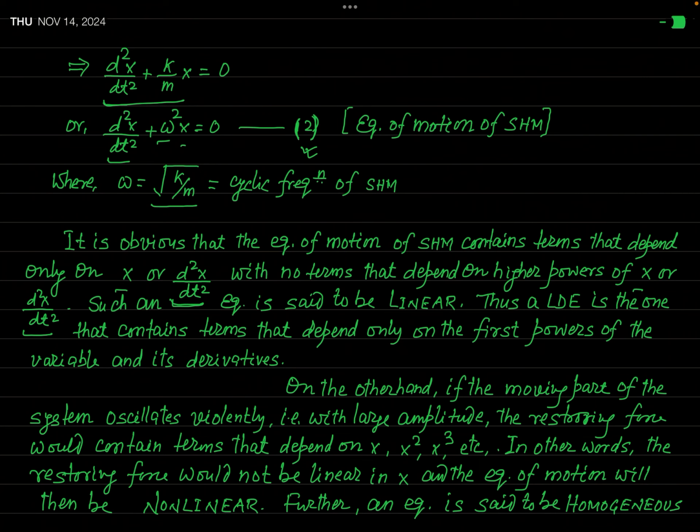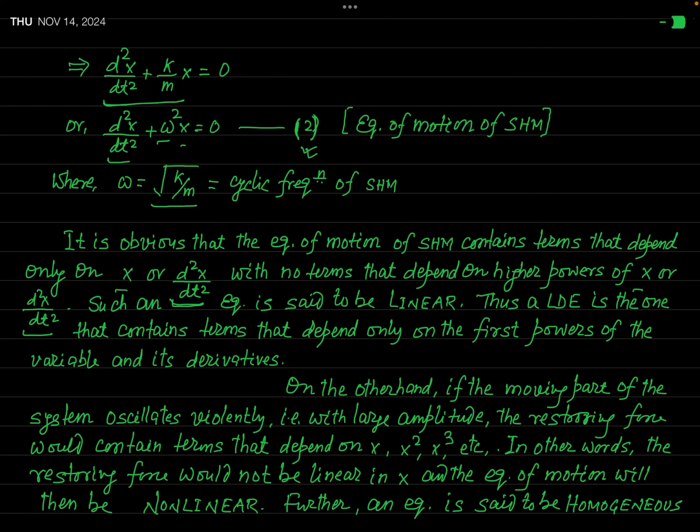You have studied the course on differential equations in your first semester, both in physics and mathematics. And you know, such a differential equation in which no term containing a higher power of x or d2x by dt square is present is called a linear equation.